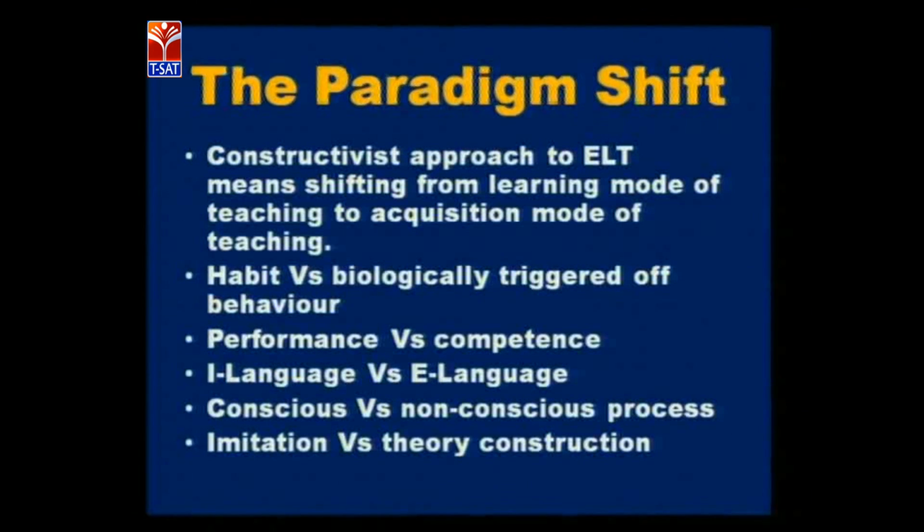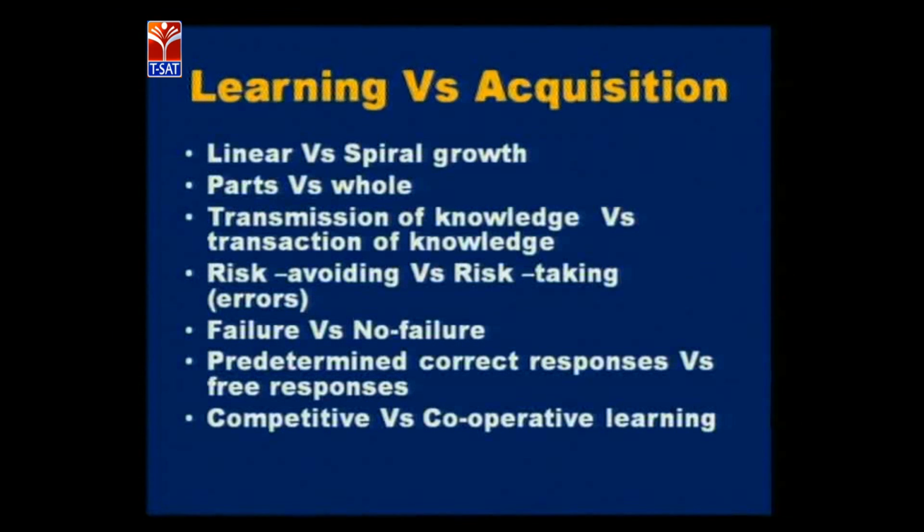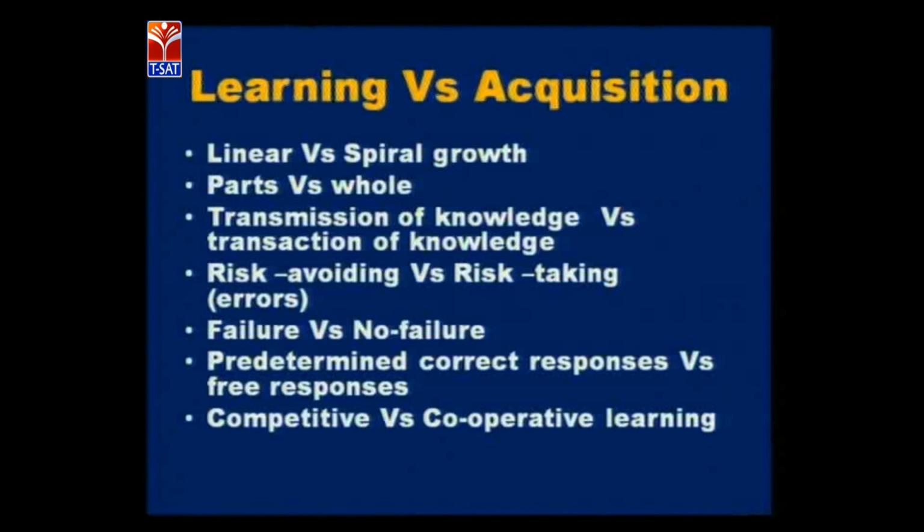Previously the children were expected to imitate the teachers, but now they are expected to construct their own language. In the same way, learning is viewed as a spiral growth instead of linear. In place of transmission of knowledge, we are talking about transaction of knowledge. And in place of risk avoiding, we are talking about risk taking. The children will commit errors.